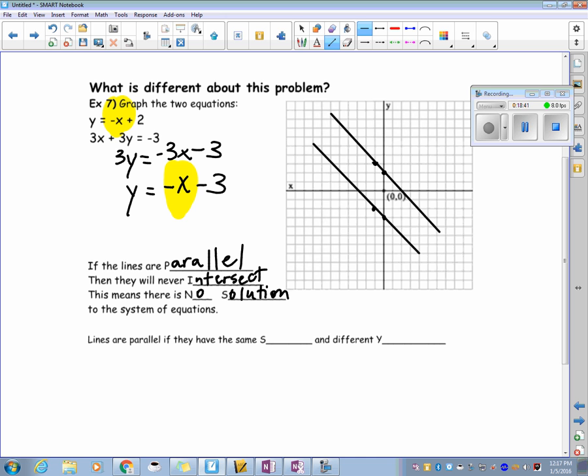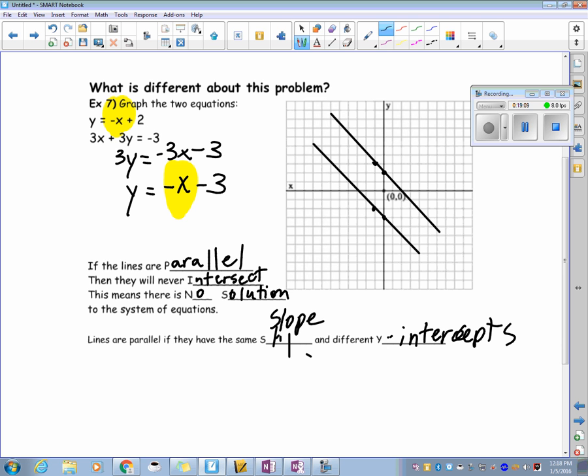Lines are parallel if they have the same slope and different y-intercepts. If they have the same slope and the same y-intercept, they're collinear. And so there are so many answers you can't count them all, or infinitely many solutions.